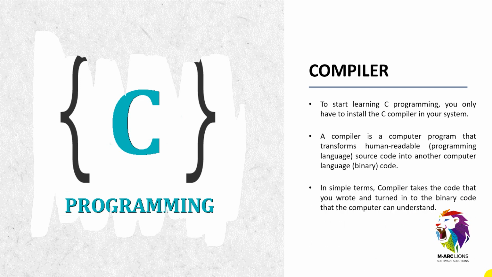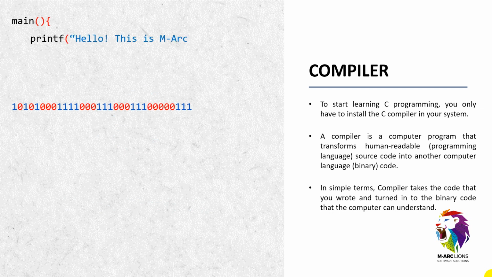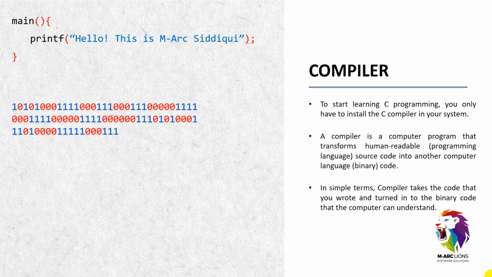In simple terms, a compiler takes the code that you wrote and turns it into the binary code that the computer can understand. For example, if I am writing code here, a main method with printf, in which I'm writing hello, this is MArcSiddiqui, this is a simple printf statement. The compiler takes the code I have written above and translates it into binary, as it is doing right now.